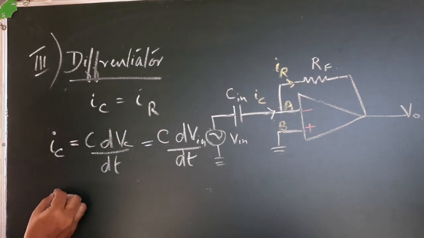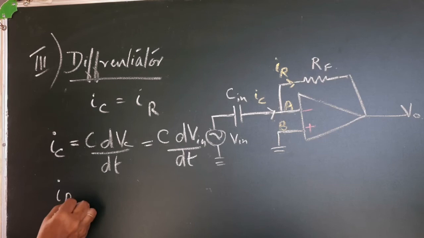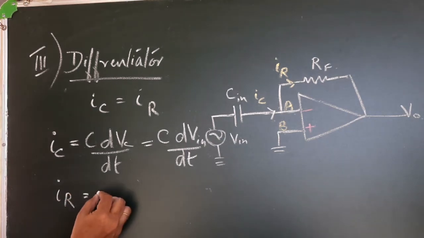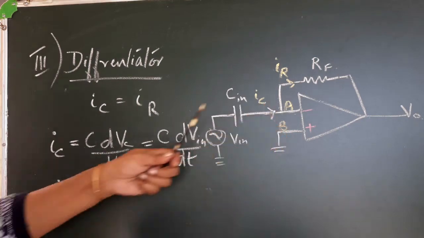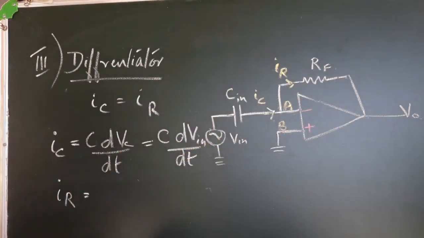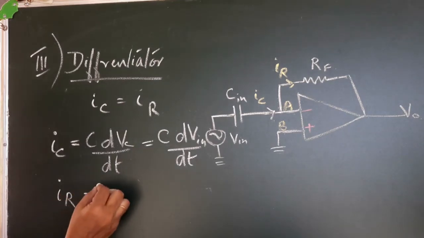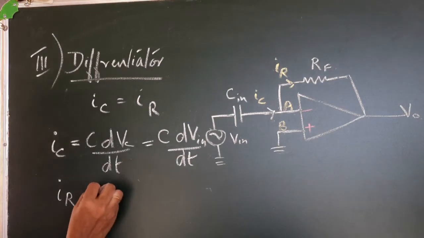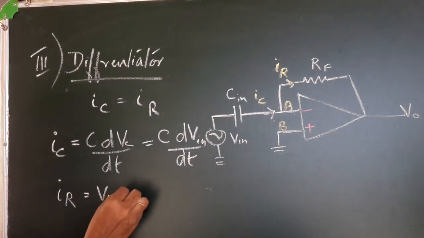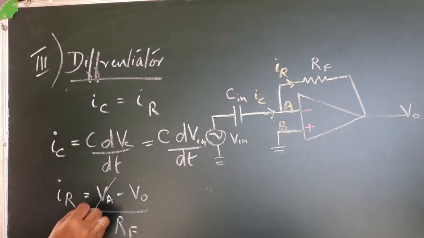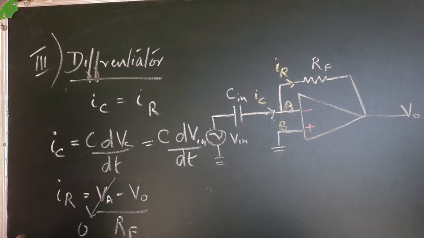So this is an expression for current through a capacitor in this case. Now let us evaluate what is IR, current through the resistor RF. IR is equal to VA minus Vout by RF. Current is voltage by resistance. But you know that VA is 0, virtual ground.